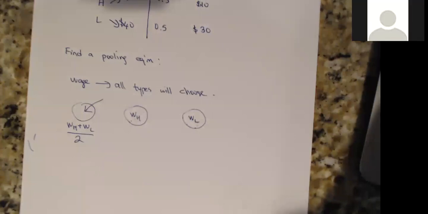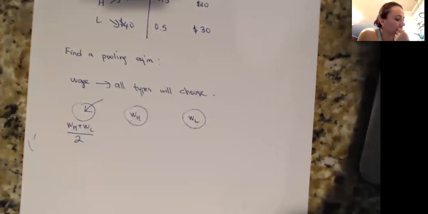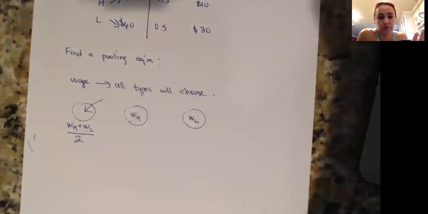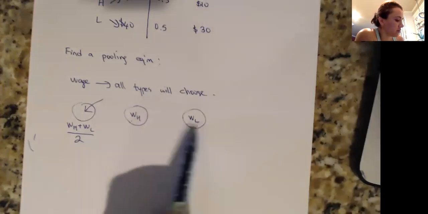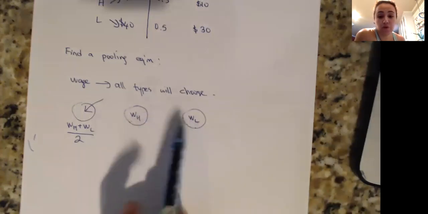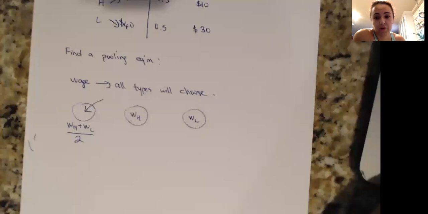Okay, thank you. Yeah, but as I told you, if you take 50-50, you may still find a pooling equilibrium. Here, the reason I did this is because I don't want my firm to be worse off. I want the firm's costs to be exactly the same.